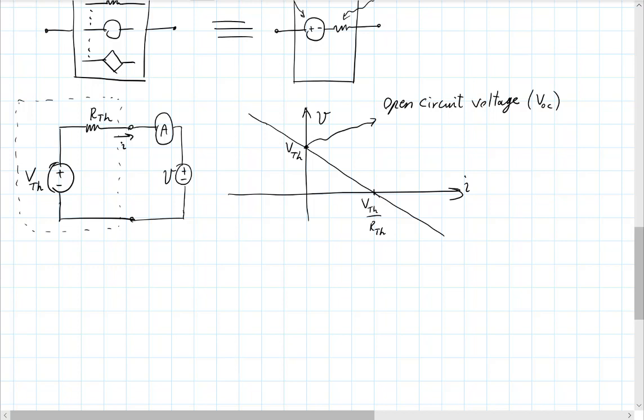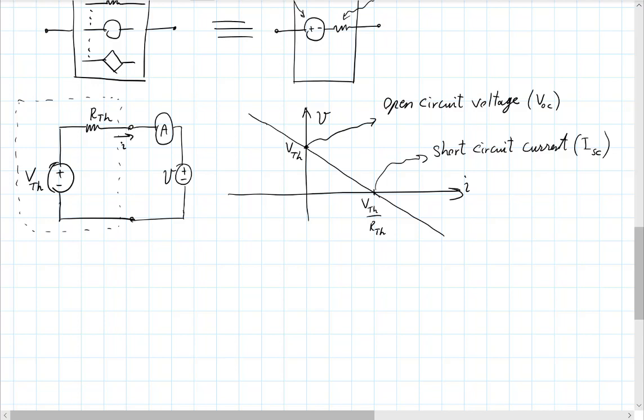Conversely, at this value of I, there is no voltage drop there. So that's the current that you would get if you put 0 volts here, which corresponds to a short circuit here. So that value is also called a short circuit current. This is a good terminology to be familiar with, because you will see these expressions used broadly.